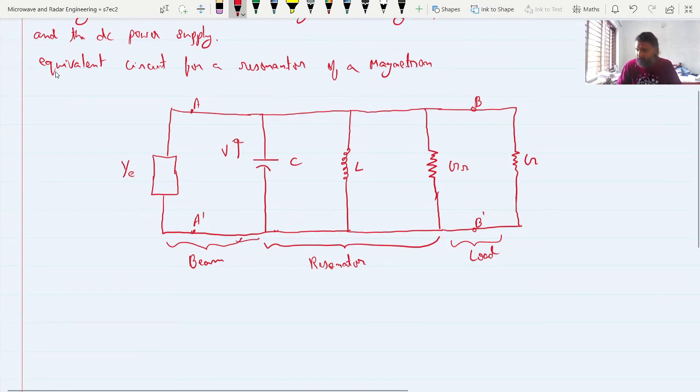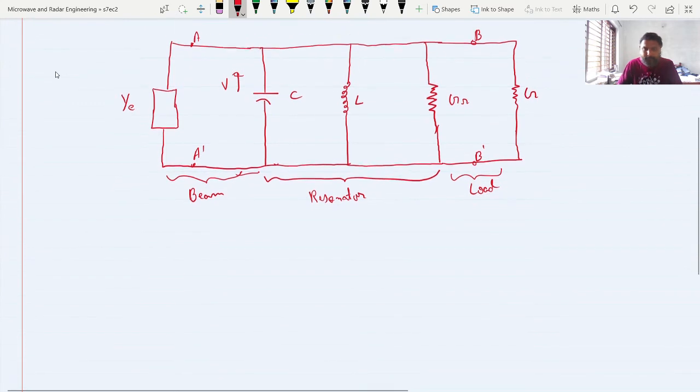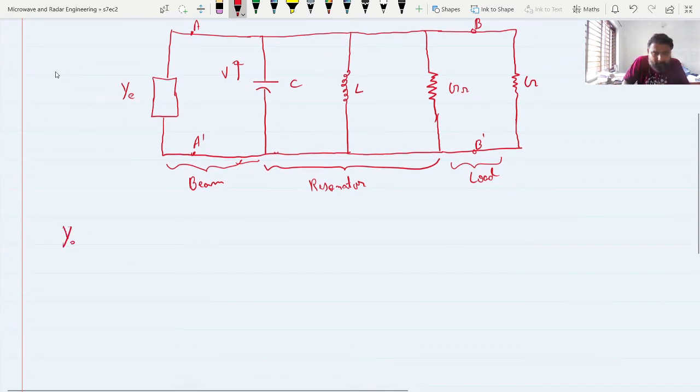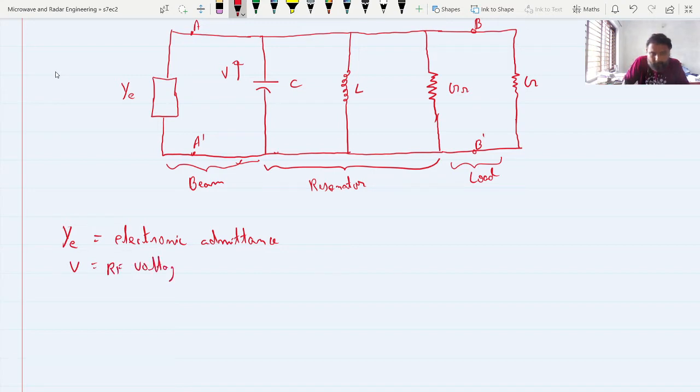So I will just introduce all the terms I have written here. Y suffix e indicates the electronic admittance. V is the RF voltage across the vane tips.